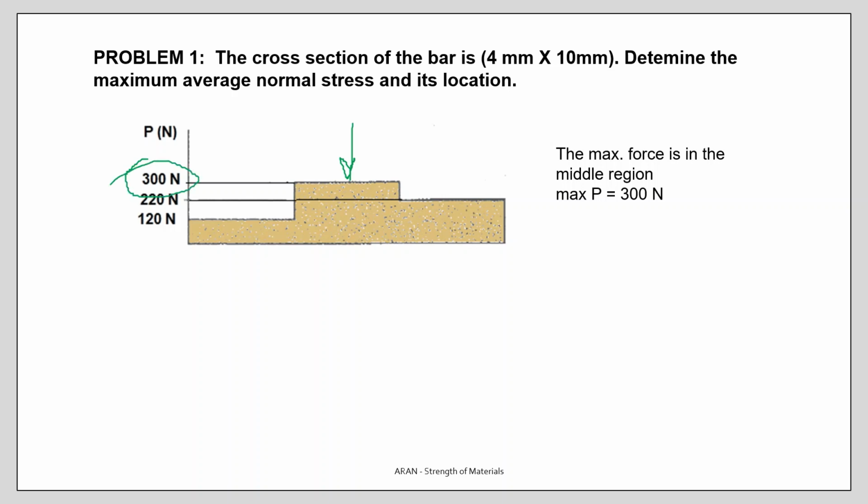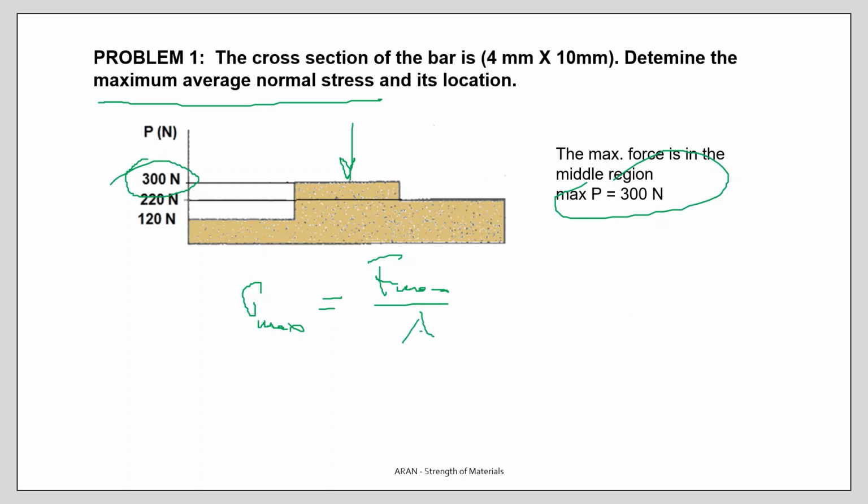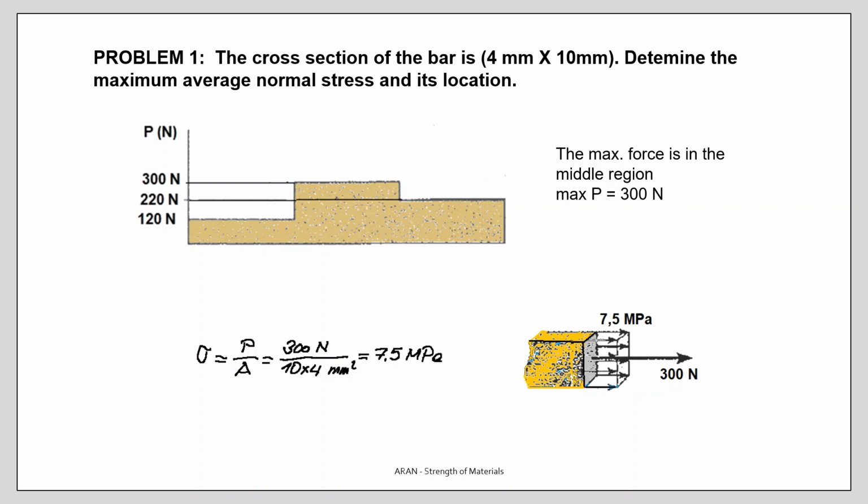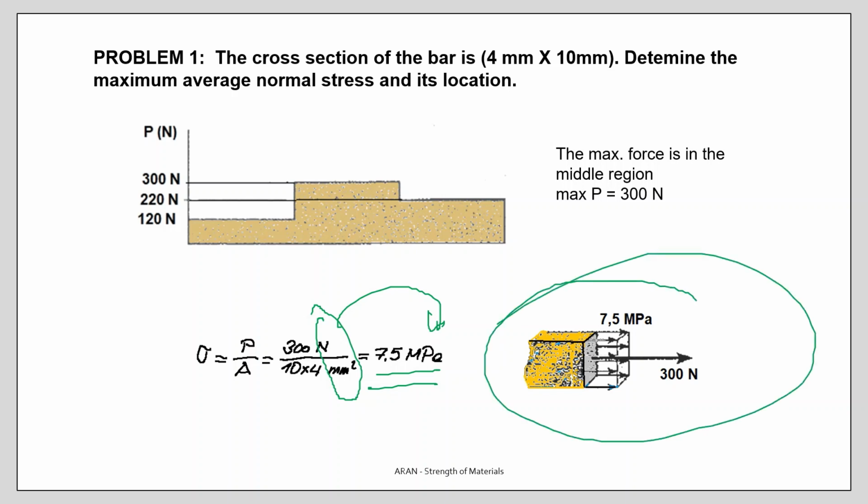So when you have the maximum force, the question is to find the maximum average normal stress, and that is sigma max equals F max divided by A. And if you do this calculation, you can find the value as 7.5 megapascals. Newton per millimeter square is megapascal. And we assume that the distribution is uniform.